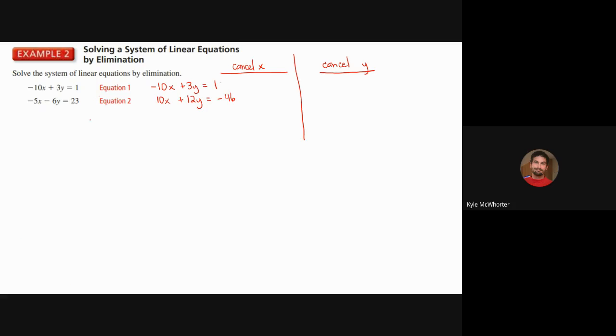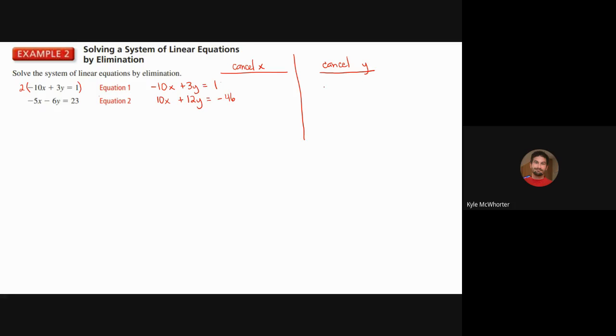If I wanted to cancel y, I could multiply the top equation, equation 1, by 2. That would give me a 6y up here and a -6y down there. So if I was going to try to cancel out the y's, I would multiply equation 1 by 2.